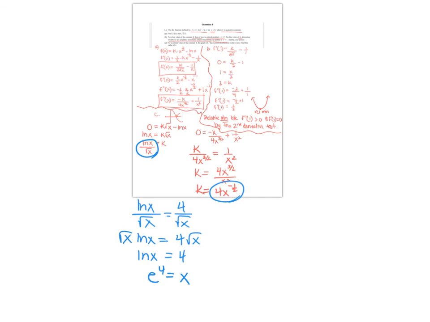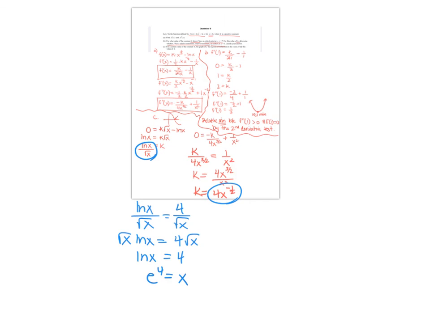So our overall goal here was to find that value of k where that happens, and probably our easiest place to plug that into is right here. So you get 4 over the square root of e to the 4th. So k equals 4 over e squared.